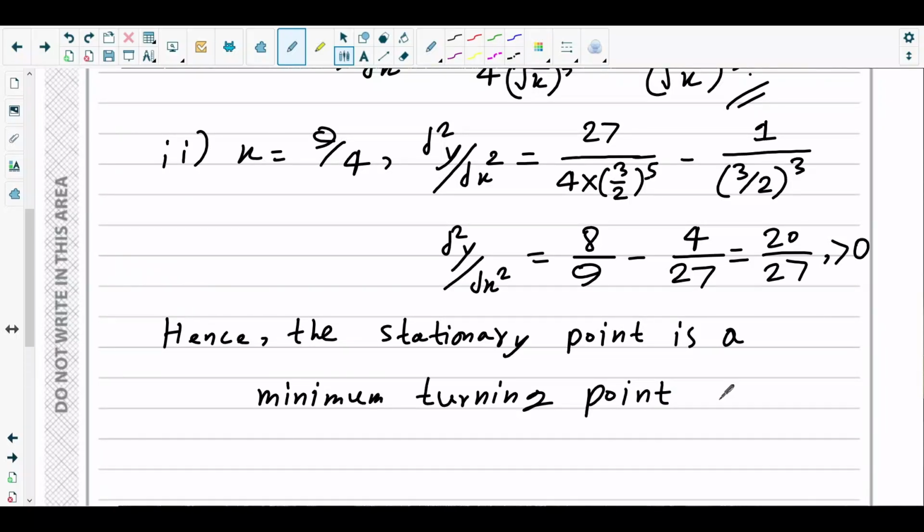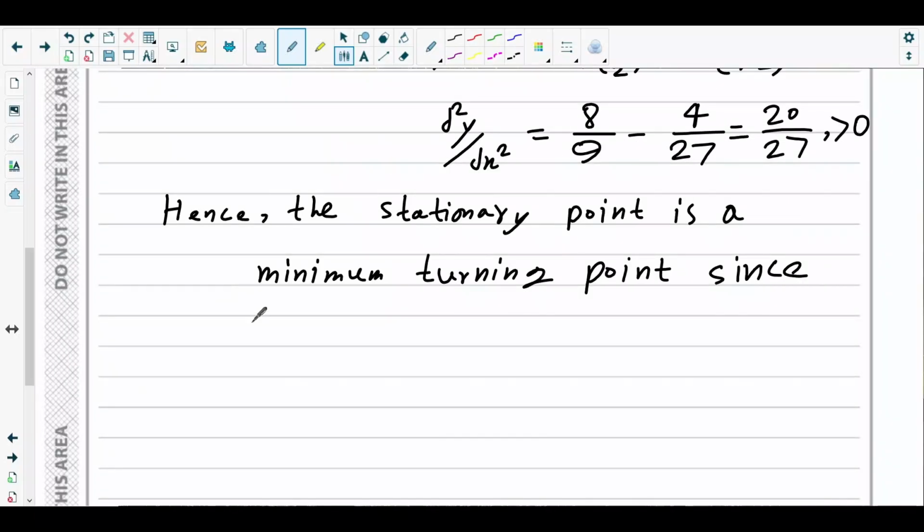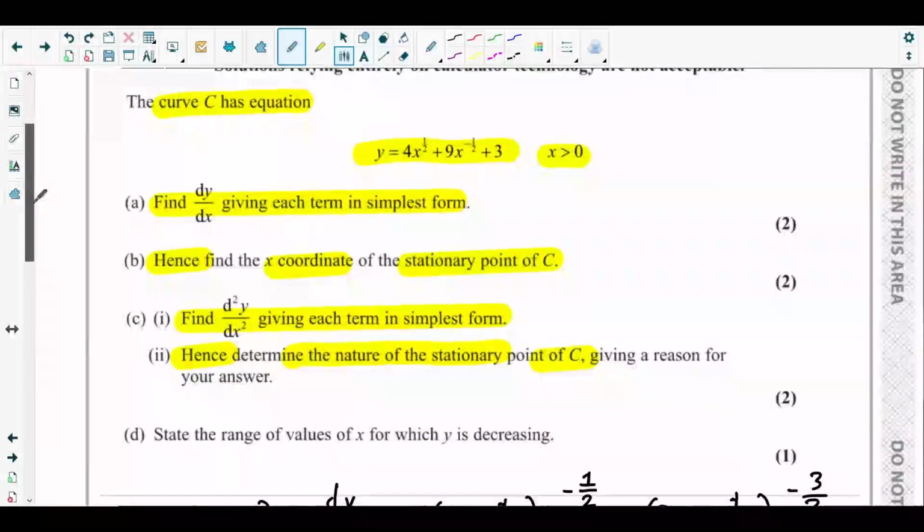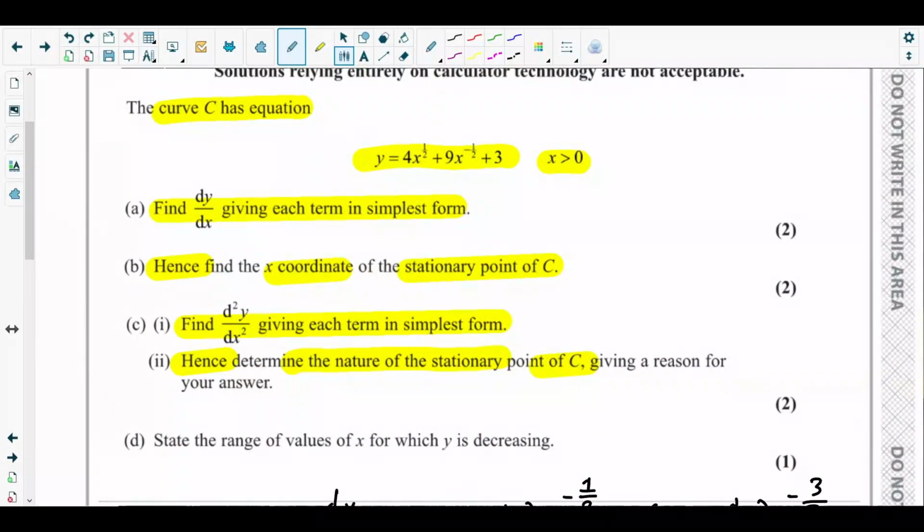Why? They wanted a reason. So since d squared y over dx squared is greater than 0. That's it. Done. And that's the end of part C2.